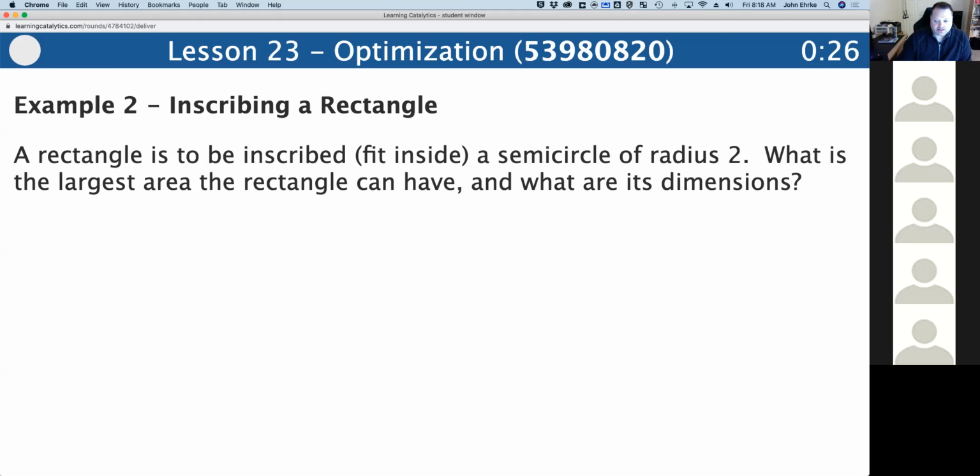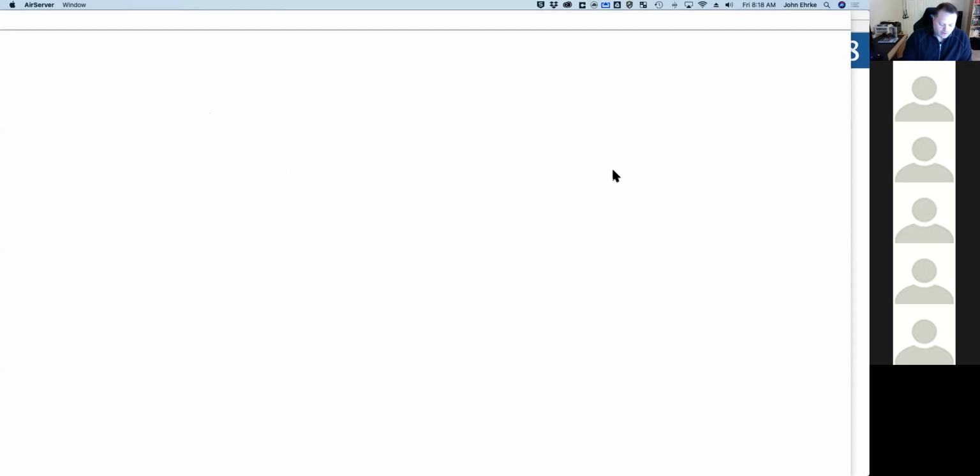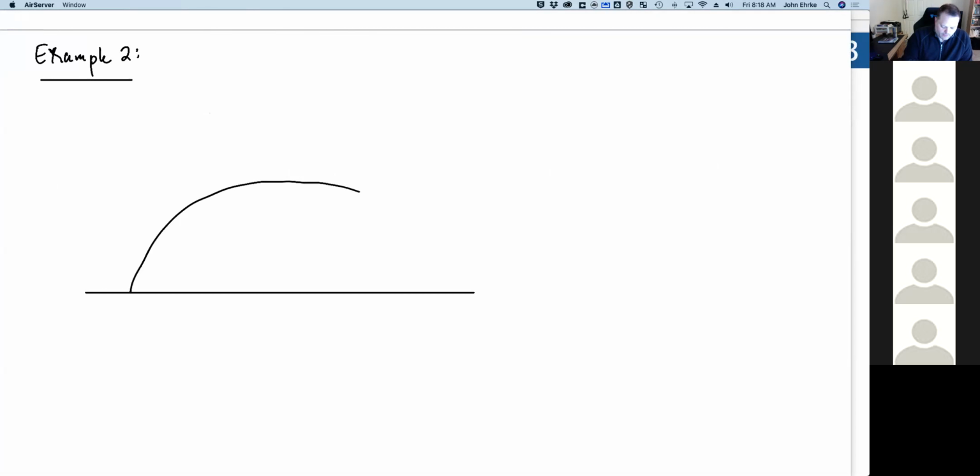The basic idea here is that we have, the picture is what's going to be helpful here. We have a semicircle of radius 2. And it doesn't give any units, so I'm not necessarily interested in the units.